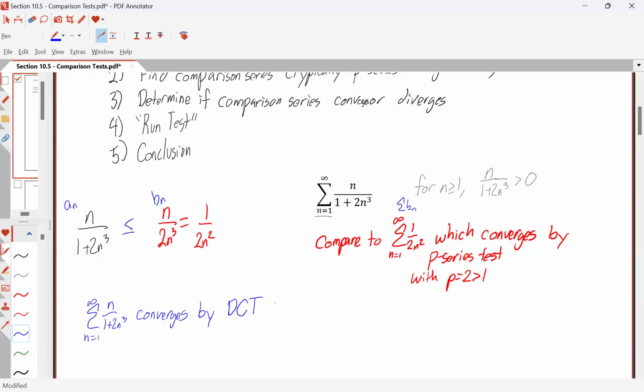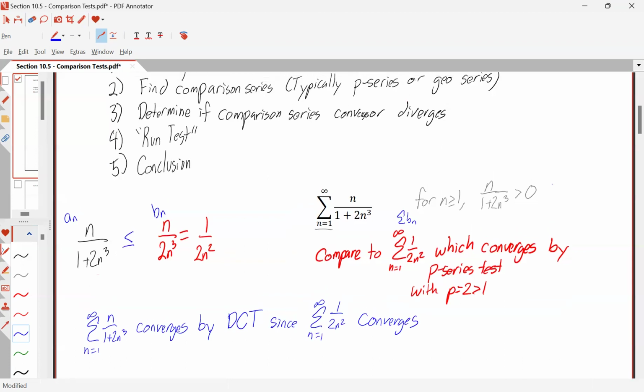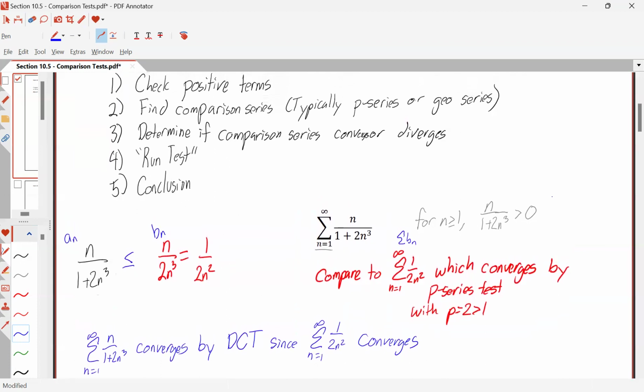And the reason why, all of our reasoning is above, but the big reason why is that what we compared to also converges. So there is our first example. In the next video, we'll take a look at two more examples of using the direct comparison test.